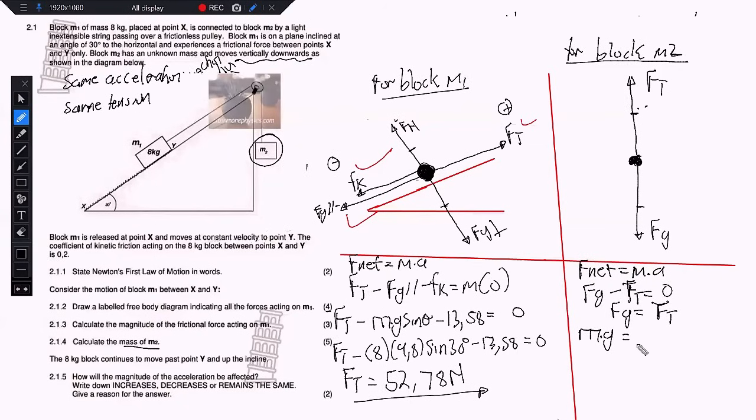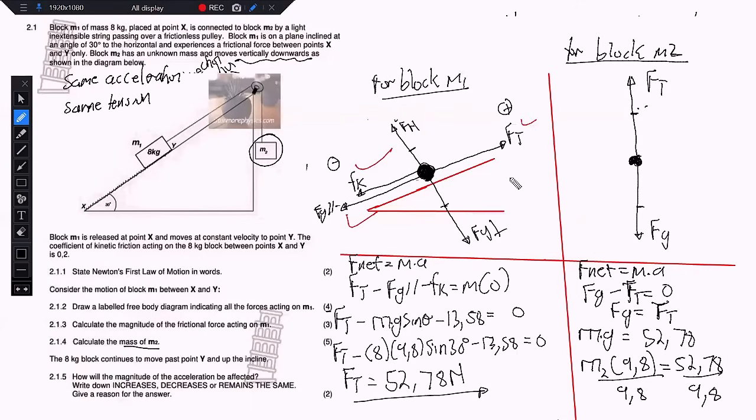Then what's the force of tension? It's 52.78. And then my mass, which is what we are looking for, M2, and then 9.8. So 52.78, we can divide both sides by 9.8.